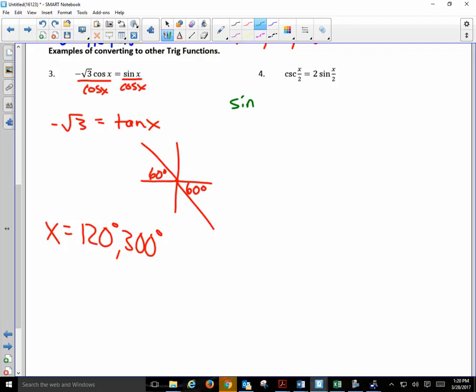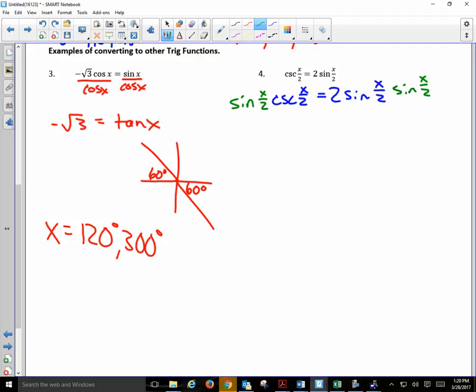The relationship between cosecant and sine is that they're reciprocals, right? So I'm going to multiply both sides by sine of x over 2. So I multiply both sides by the reciprocal.